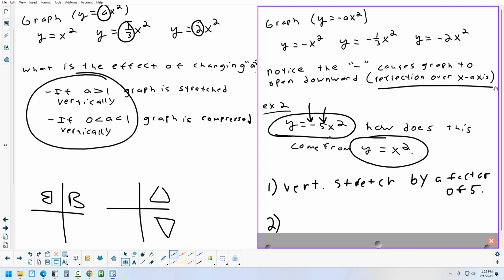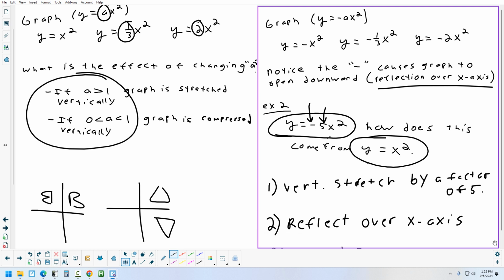That's what we just did right up above. So to describe that, you literally can just say reflect over x-axis. That's all you need to say. And that's it. Those are your 2 transformations.